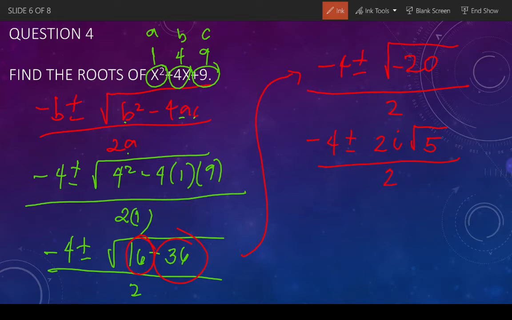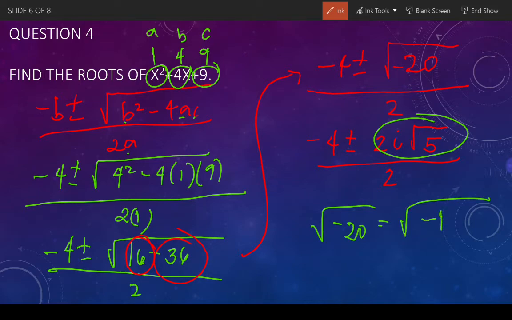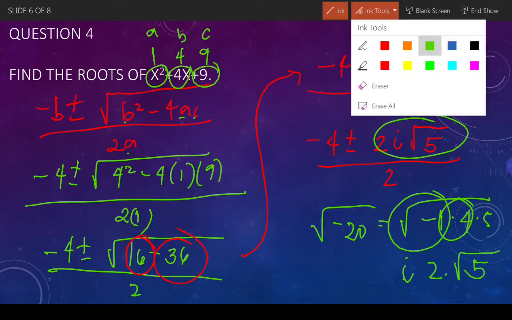So bakit naging ganito to? Kasi square root of negative 20 is also equivalent with square root of negative 1 times 4 times 5. Square root of negative 1 is i. Square root of 4 is 2. And then wala namang square root of 5, hindi perfect. And then 2 times i is 2i, and then square root of 5. So yan yung reason.